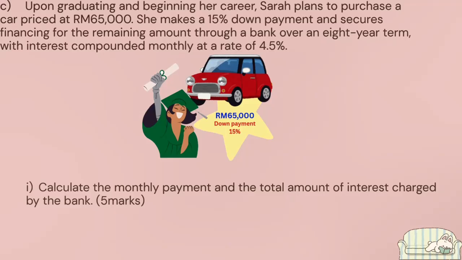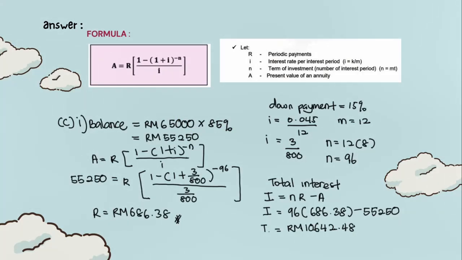Calculate the monthly payment and the total amount of interest charged by the bank. For this question, the formula is A equal to R times 1 minus (1 plus i)^-n, divided by i. As we can see, the price of the car is 65,000 ringgit and Sarah has to make a 15% down payment.